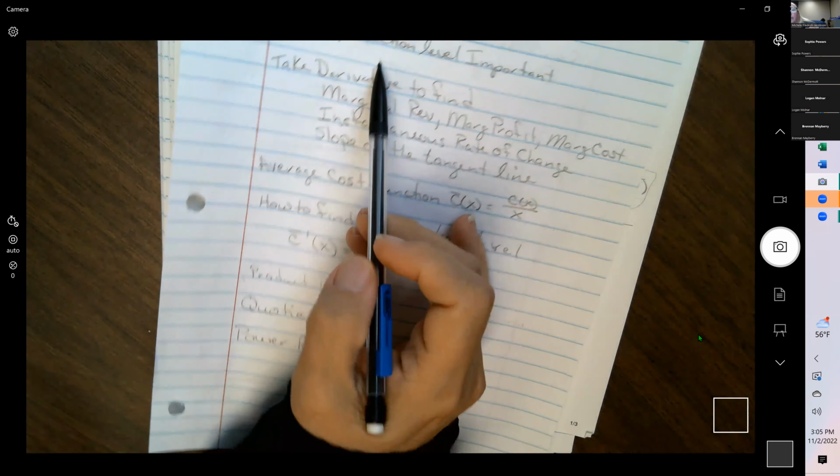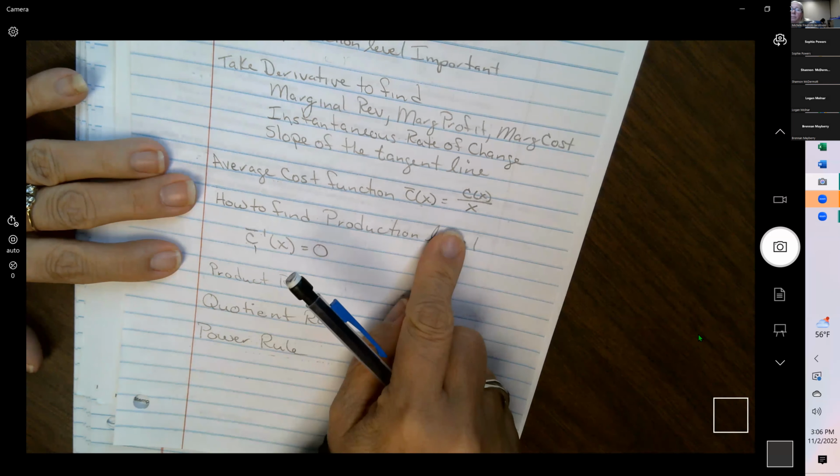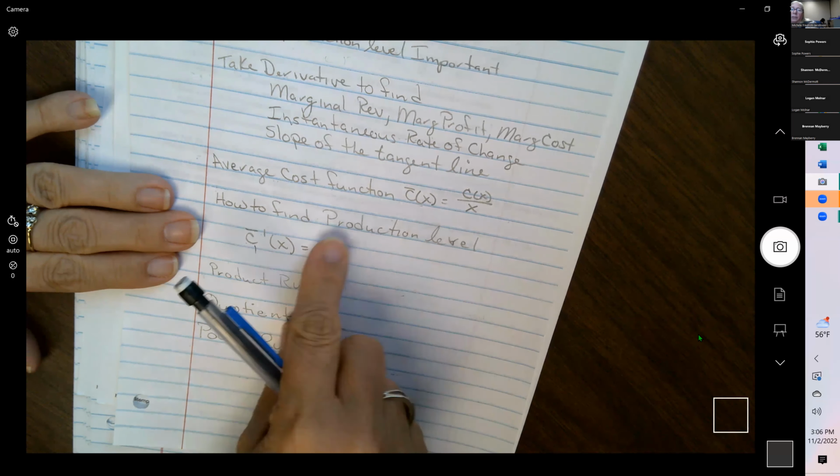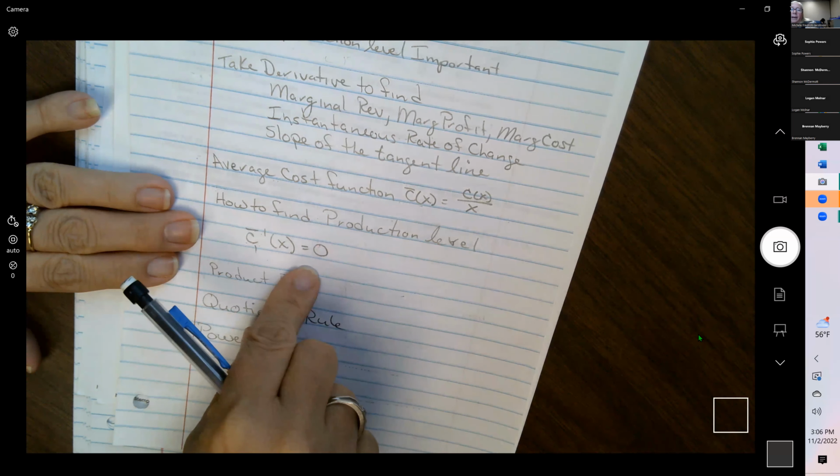Average cost is the function divided by X. So to find the production level, you will first have to find the average cost function. Once you find the average cost function, the derivative of that, and setting it equal to 0, critical numbers are production level.